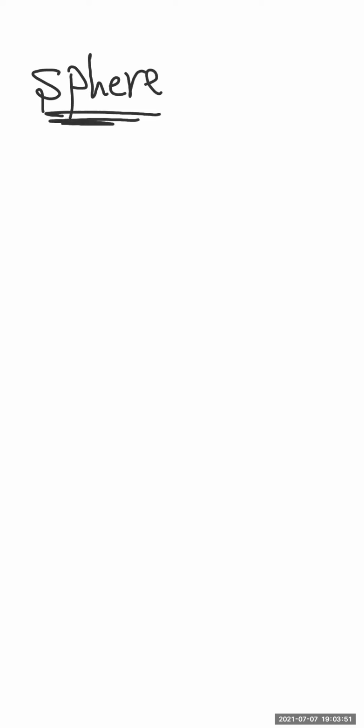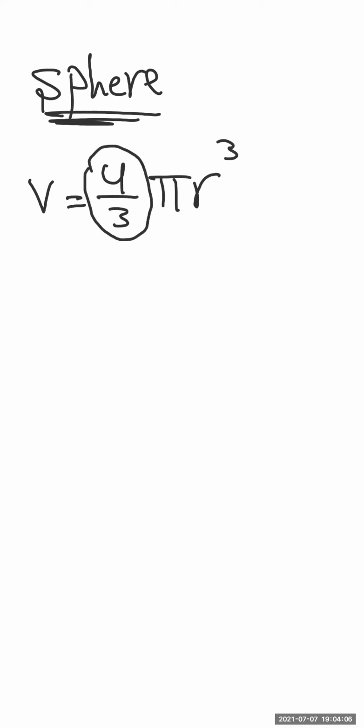Okay, let's continue. The next part is about the sphere. Also, we studied that before. The rule of the volume of the sphere: volume of sphere equals 4 over 3 pi r to the power 3. 4 over 3 is a number. Pi, we know the value of pi. It can equal 22 over 7 or 3.14.